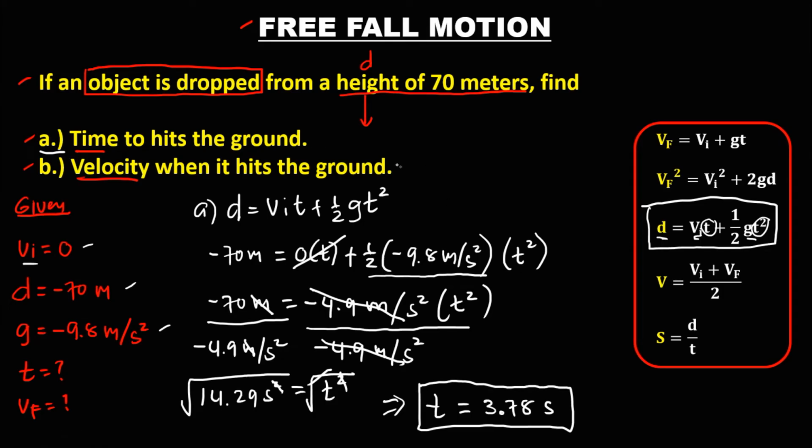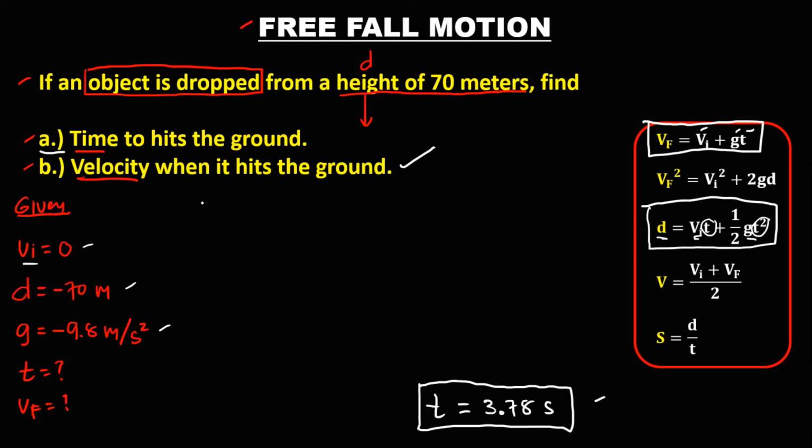Then with this time, we solve for the final velocity using this formula, because the initial velocity, the gravity, and the time are given. So for B, the formula: the final velocity equals the initial velocity plus the gravity times the time.